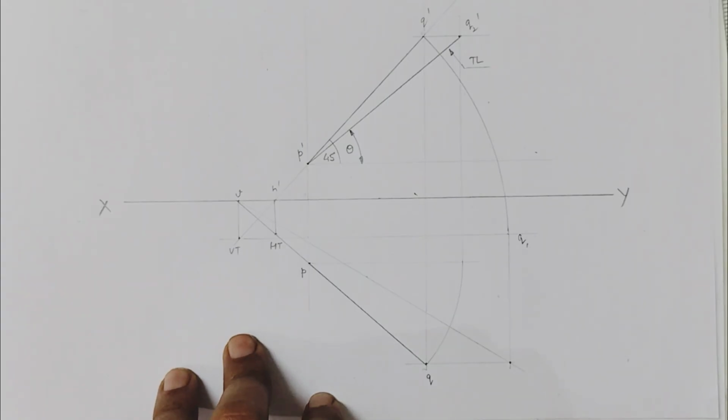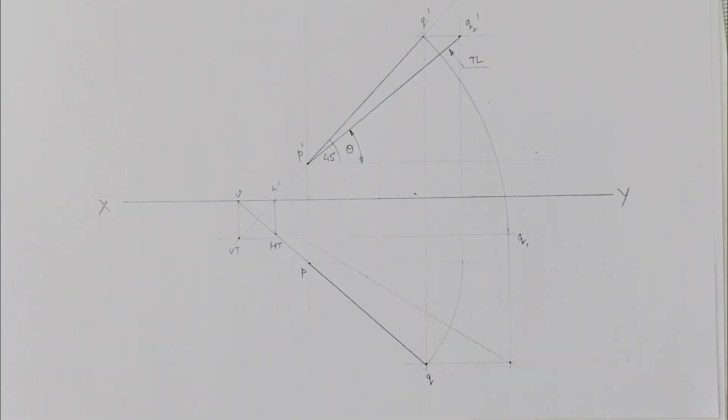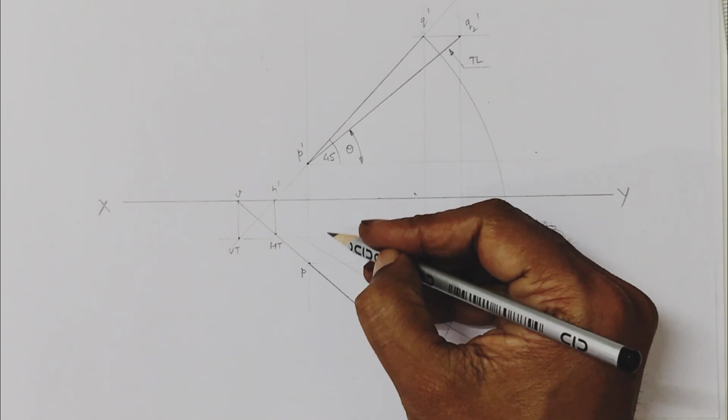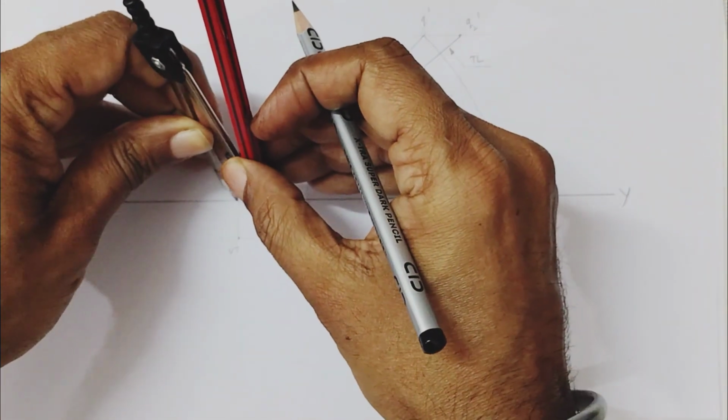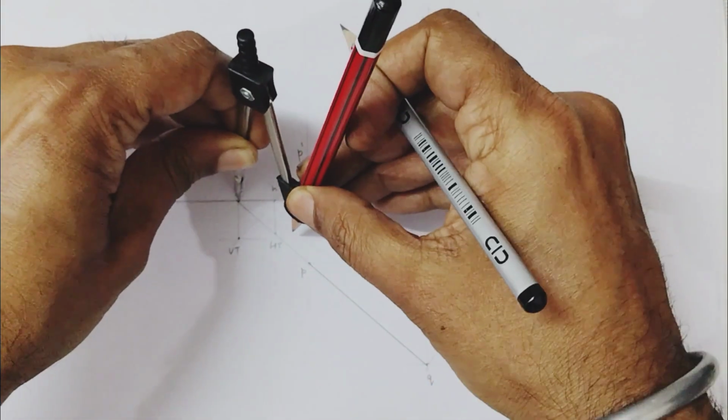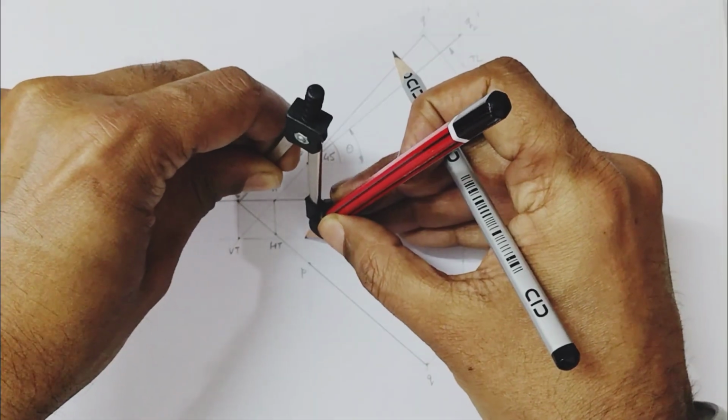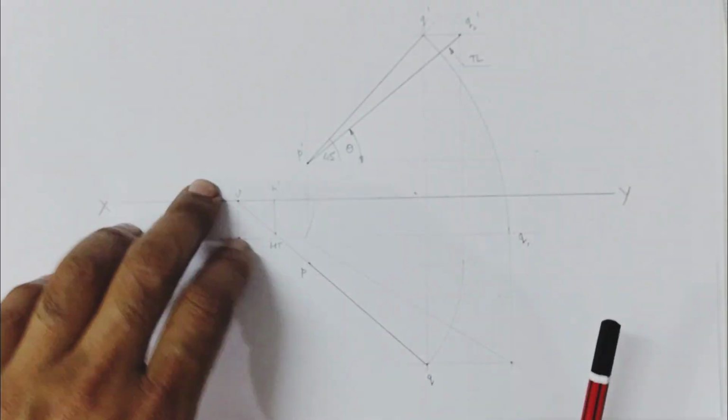Now mark all the data given in the question. So as this is given as 30 degrees, so we will mark it here. This is given as 30 degrees.